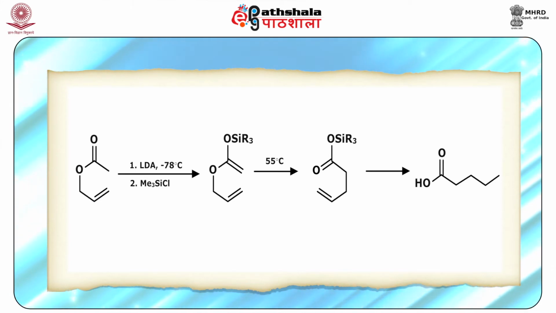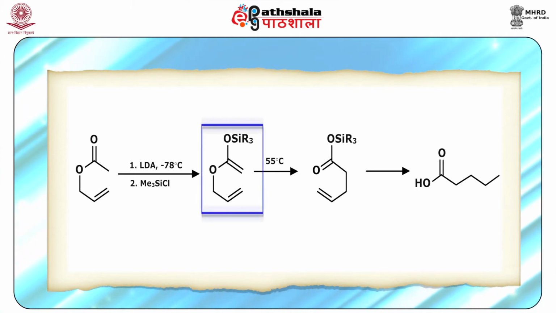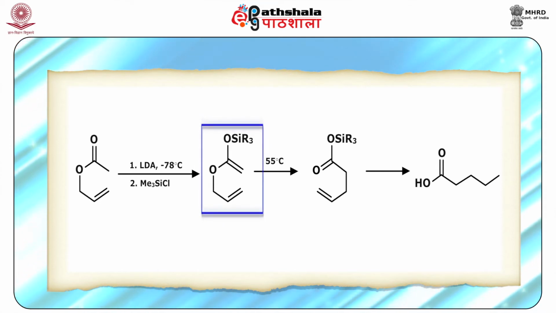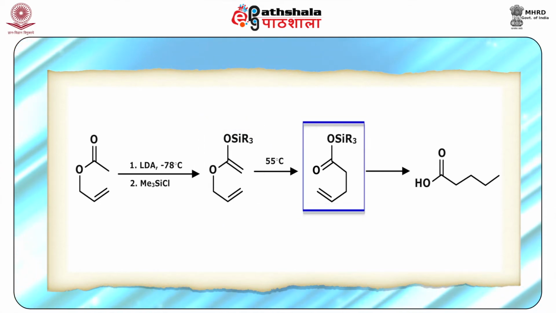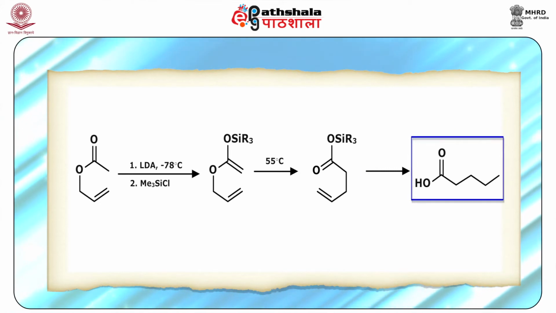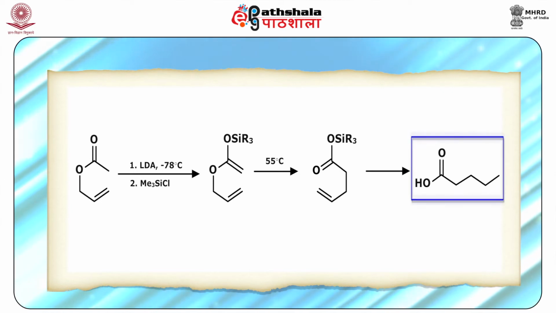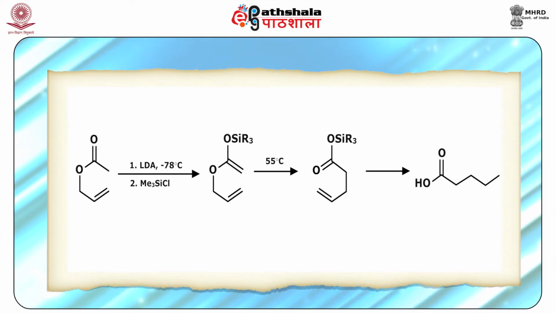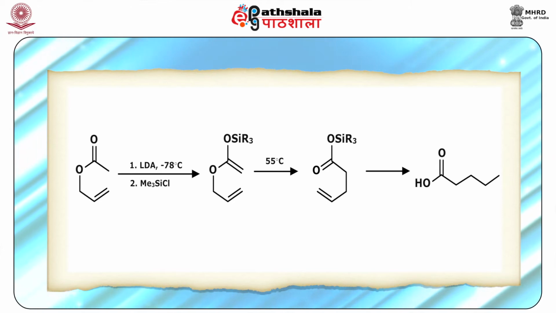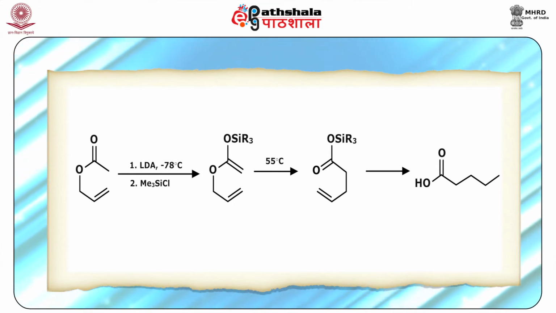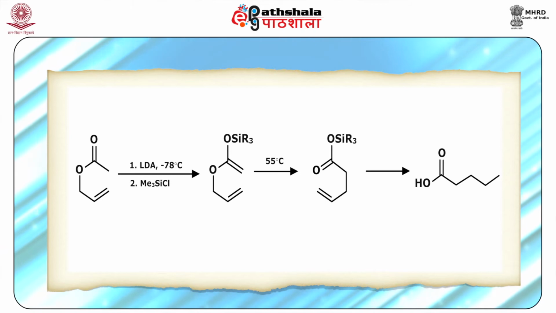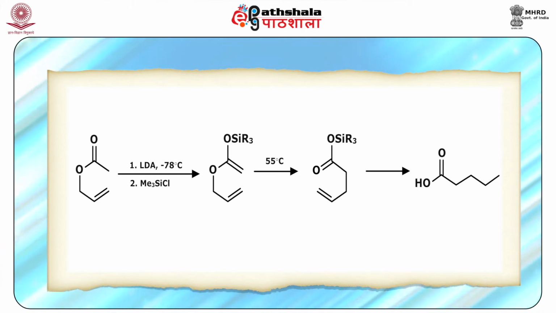In the reaction, the ester is first converted into silyl stabilized enolate, which further rearranges at temperatures below 100 degrees Celsius. As a result of this rearrangement, carboxylic acid is formed as a product. The Ireland-Claisen rearrangement thus offers ready access to chain extended carboxylic acids.